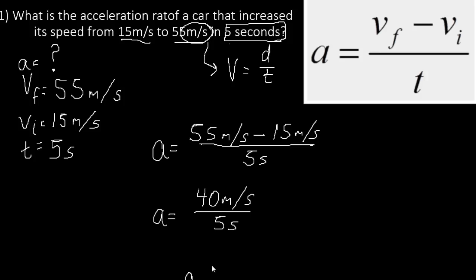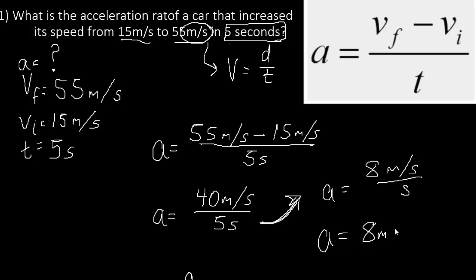So A is equal to 8 meters per second per second. Another way to write this is A is equal to 8 meters per second squared. That is our final acceleration.